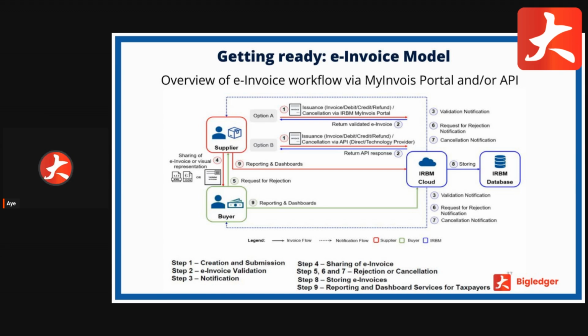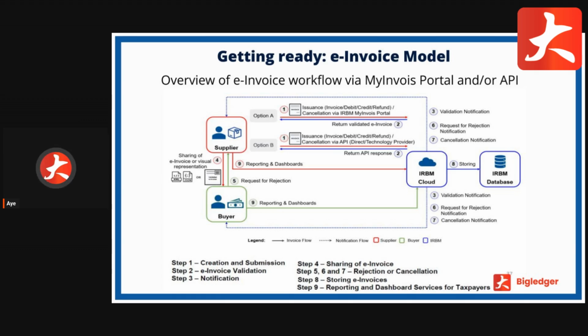Then they can cancel it. Once they click cancel, the e-invoice on the IRBM cloud will be cancelled, which is this one, cancellation notification. So once the supplier cancels, the e-invoice will be cancelled and the cancellation notification will be sent out to the buyer, also the supplier side.